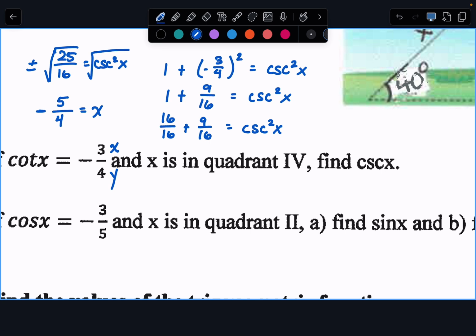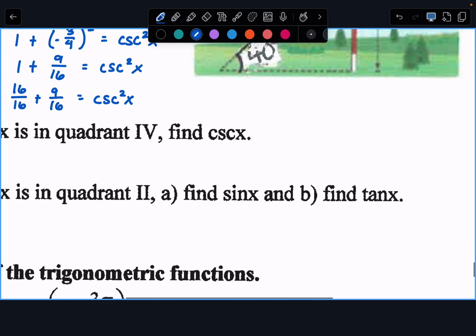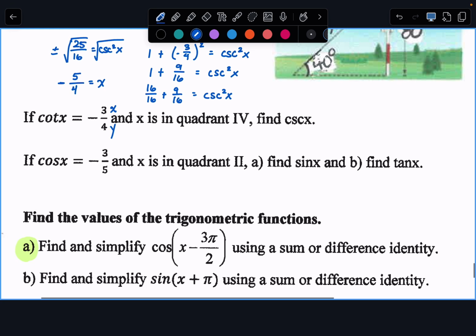I would do 3 squared plus y squared equals 5 squared. You would get 4. So then I would know that sine is 4 over 5, because r is our radius. And then what's the next one asking for? Tangent is y over x, so that would be 4 over 3.